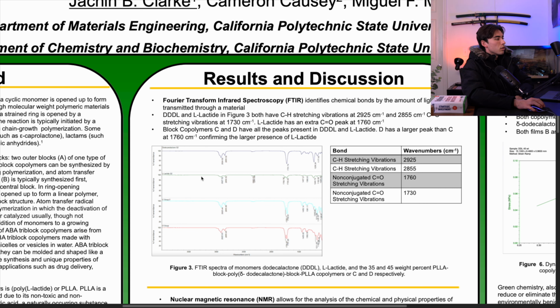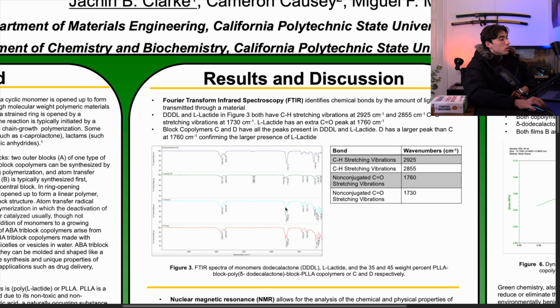As you can see here, the δ-dodecalactone has 2 CH stretching vibration peaks, as does the L-lactide around this area. And then the δ-dodecalactone has 1 non-conjugated carbon double bond oxygen stretching vibration here, whereas the L-lactide has 2, one at around 1760 and one at 1730 inverse centimeters.